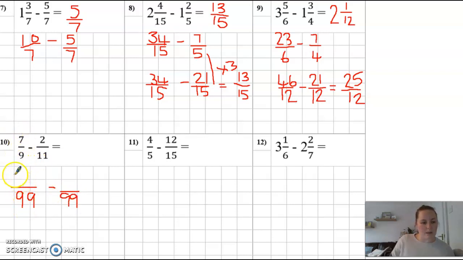So I have to times the 7 by 11, 77. Here, I'm going to do 11 times what is 99? 9. So I have to do 2 times 9, 18. And then I'm doing 77, take away 18. Do that in my head quickly. Take away 20 and then add the 2 on. So 59 over 99.